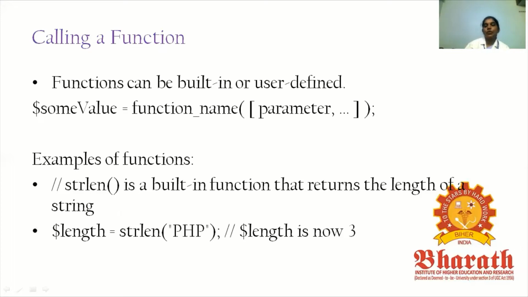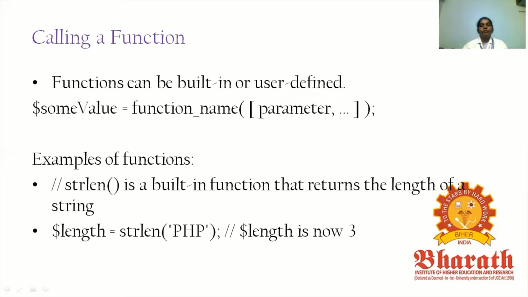Inside the square brackets are the parameters. The square brackets mean it is optional, so functions with arguments and without arguments are both allowed. The return value of the function will be stored in the variable sum value.